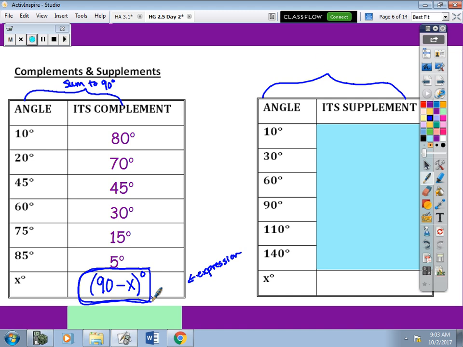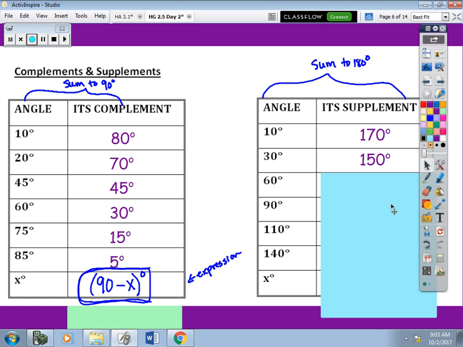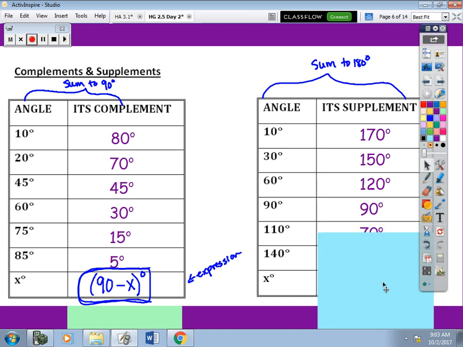So the supplement, these two have to sum to 180. So if the angle itself is 10, 180 minus 10 is 170. 180 minus 30 is 150. 180 minus 60 is 120, and so on.